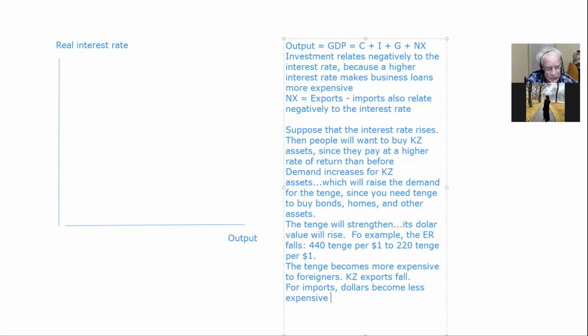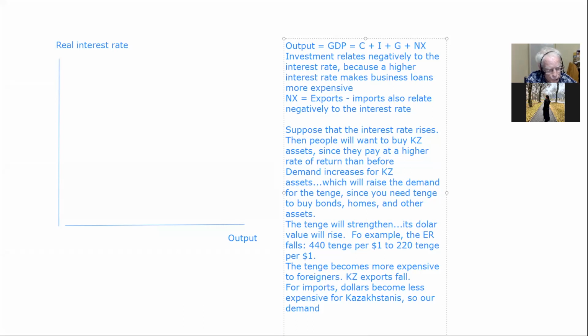Yes. So for foreigners, the tenge appreciates, so it is more valuable, more expensive to foreigners. But you and I, of course, are holding tenge. Now, the tenge is worth more dollars than it had been before. So, for us, the dollar becomes cheaper.